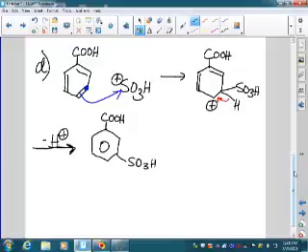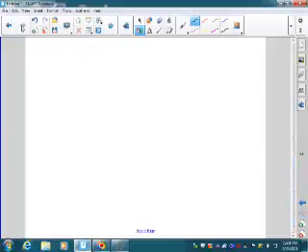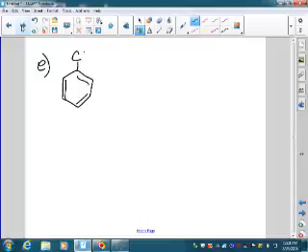Any questions? All right. E. We have toluene and 2-propyl chloride in AlCl3 makes this secondary carbocation. And methyl is an OP director. So we're going to go to the para-carbon.